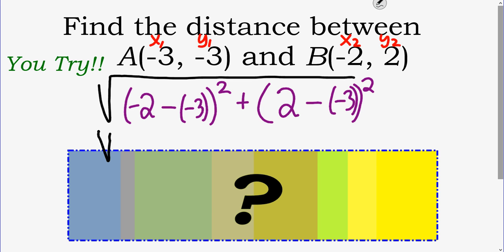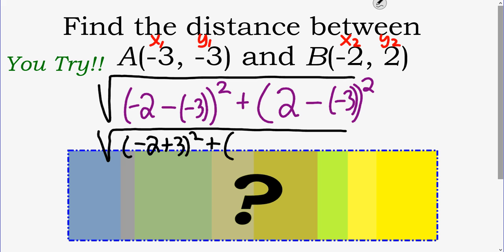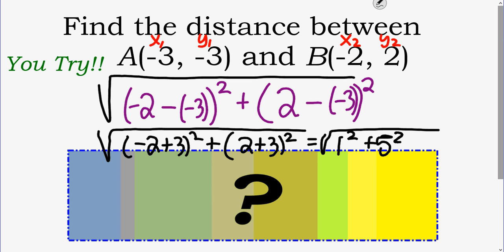So then this is the square root of negative 2 minus a negative turns into plus. So negative 2 plus 3. And 2 minus a negative 3 turns into 2 plus 3. So we have negative 2 plus 3, which is 1. So that's 1 squared. Plus 2 plus 3 is 5. So that's 5 squared. Okay, well 1 times 1 is 1.